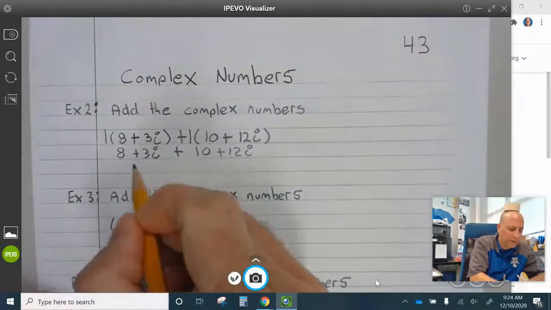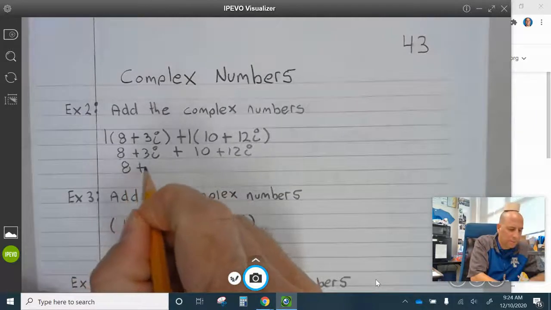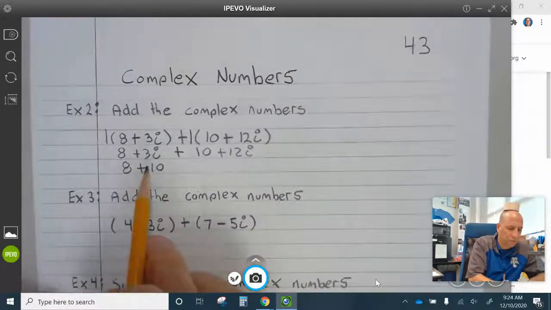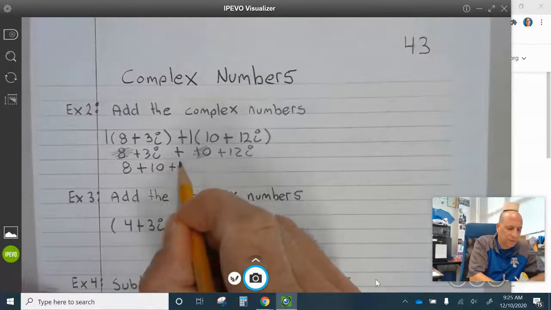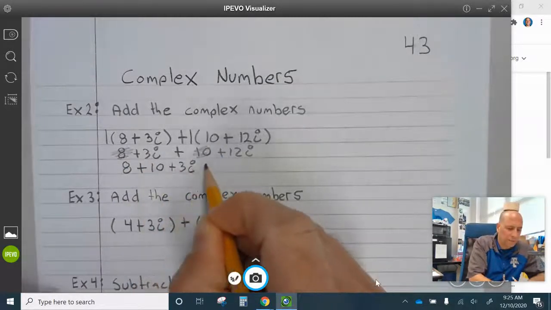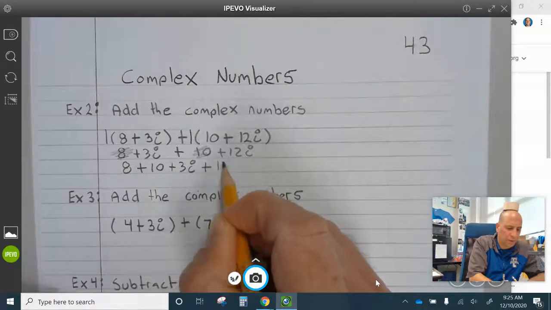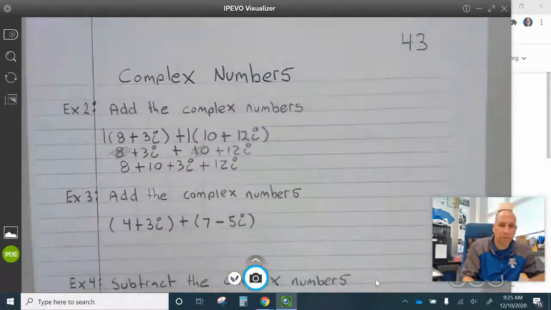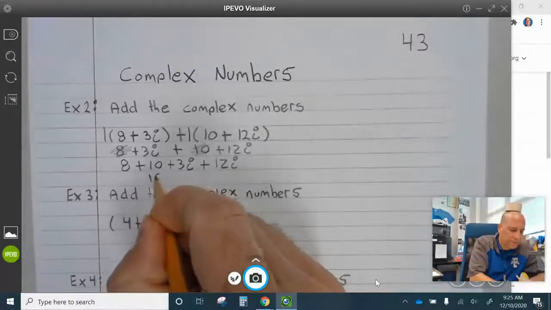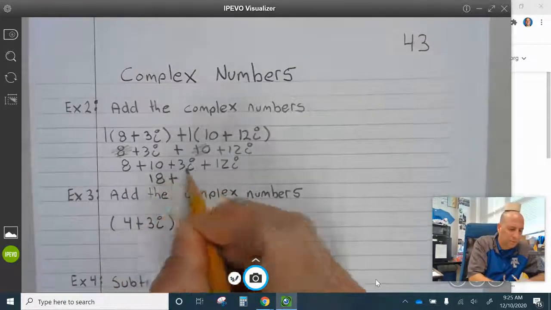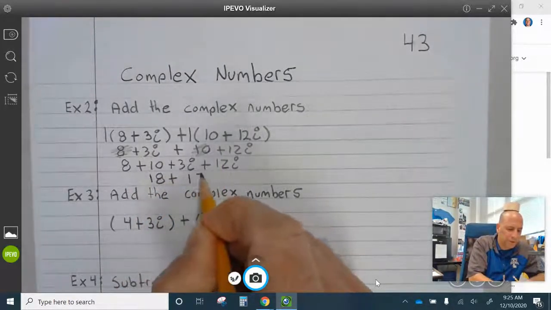Now we group the 8 and 10 together, so that's 8 plus 10, and then we group the plus 3i plus 12i. Okay, now we just add. 8 plus 10 is 18, plus 3i plus 12i is 15i.